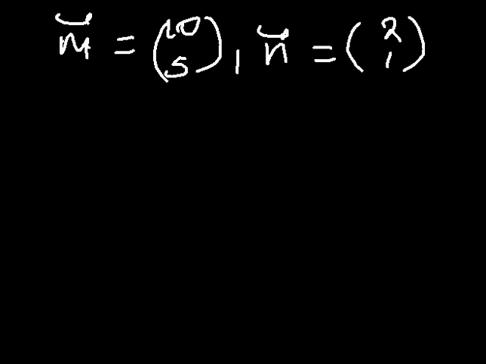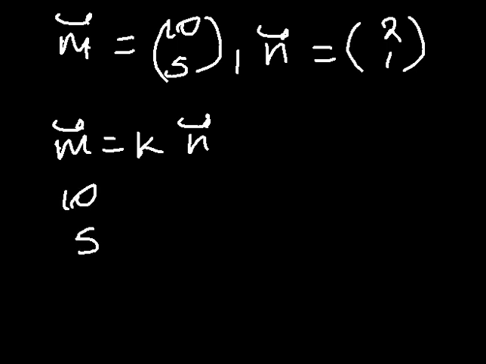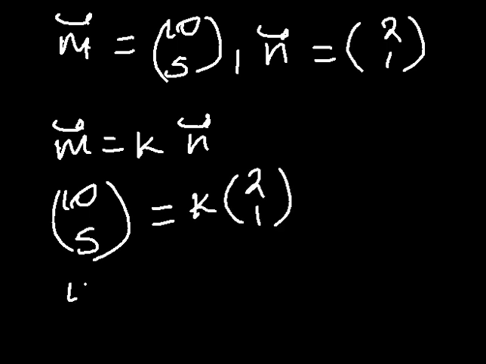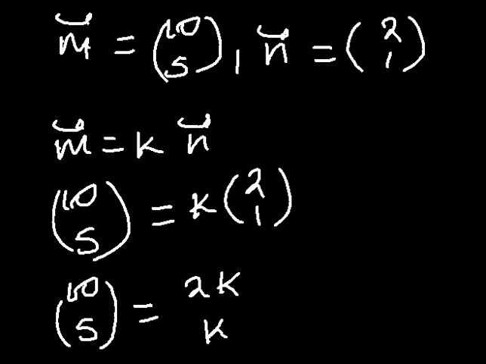Now we have to show whether these two vectors are parallel or not. In this case we have m equal to a scalar multiple of the vector n, that is (10, 5) equal to k times (2, 1). That is the same as (10, 5) equal to (2k, k).